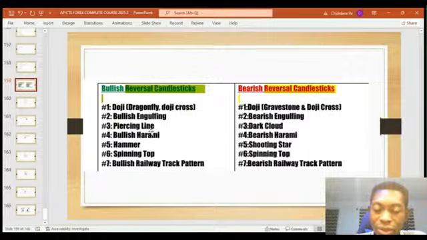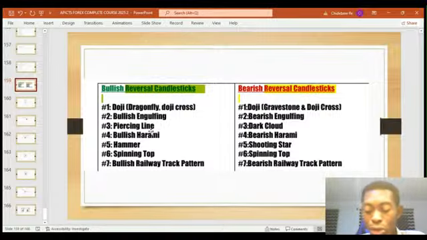It's a bullish reversal candlestick that appears when you get to a support, whether horizontal support or diagonal support. Horizontal support is just your normal support or resistance line, the one we did yesterday, which you're still going to touch again today. Or we have your diagonal, which is your trend line.